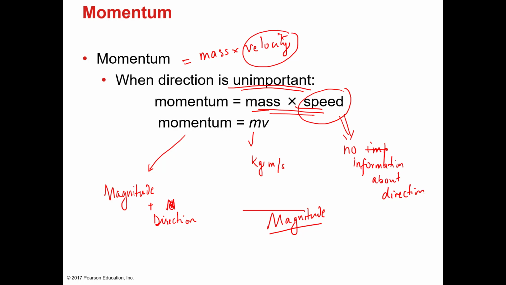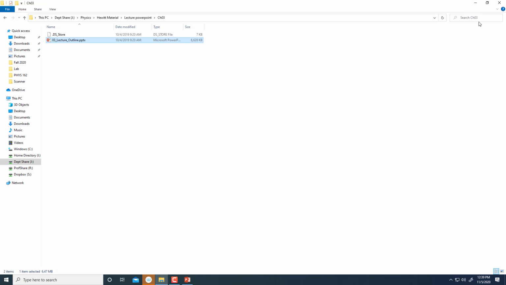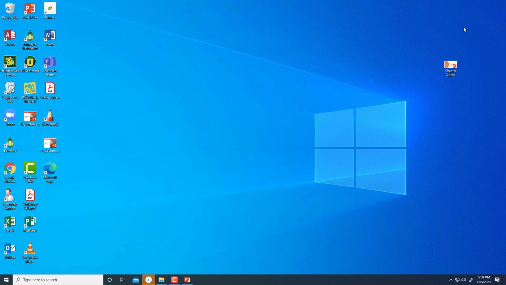So let's look at the first question on assignment 11.2. On the question, you are given the momentum of an object, and you are asked to find the speed of the object.